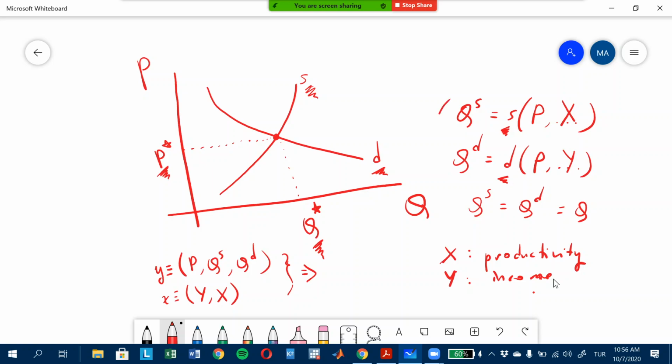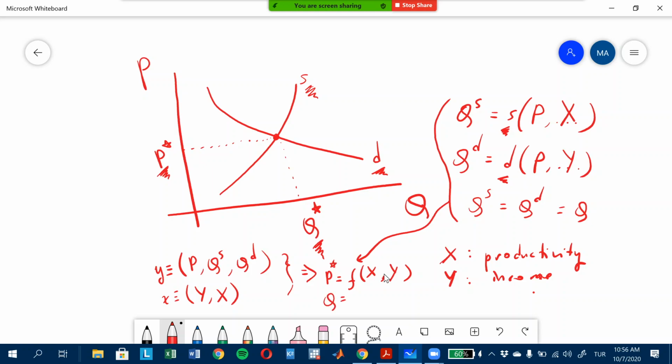You're going to express price as a function of income and productivity.